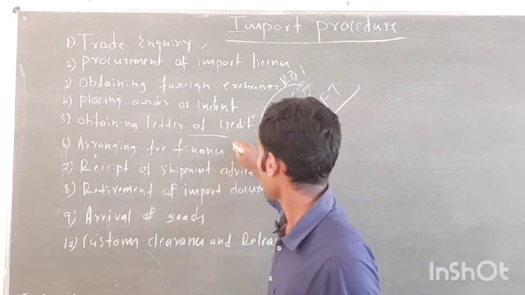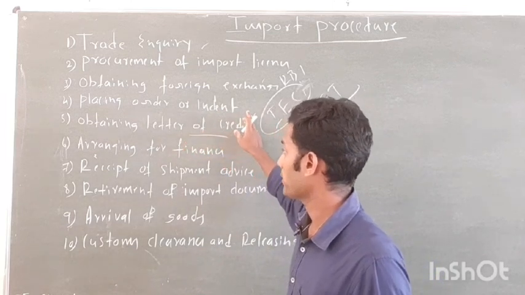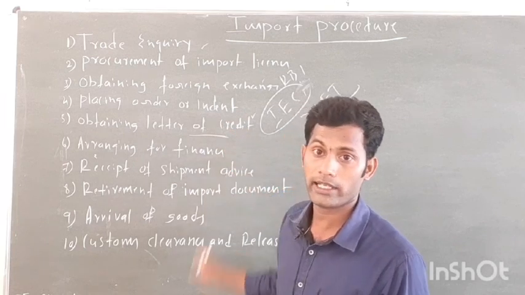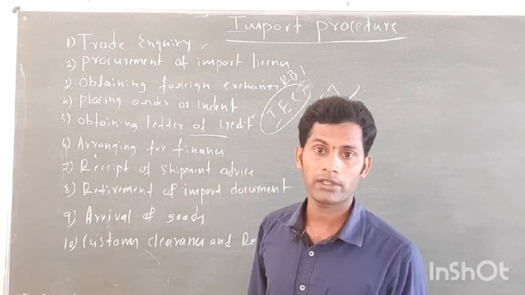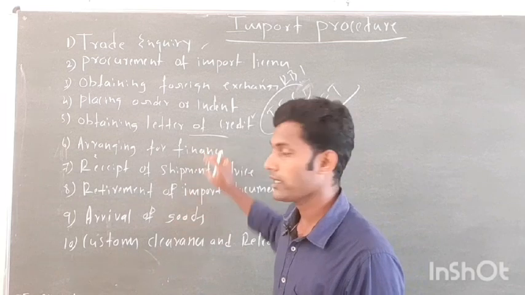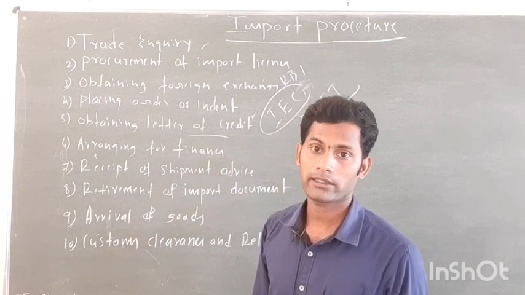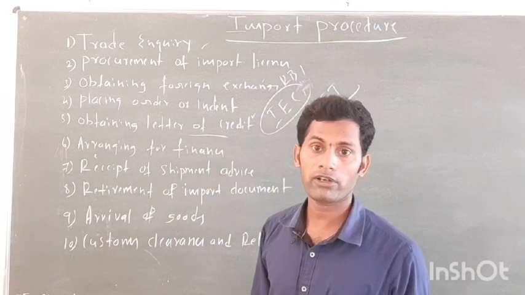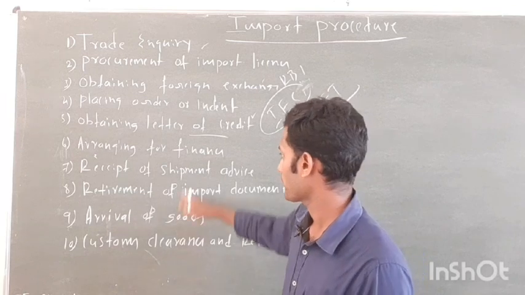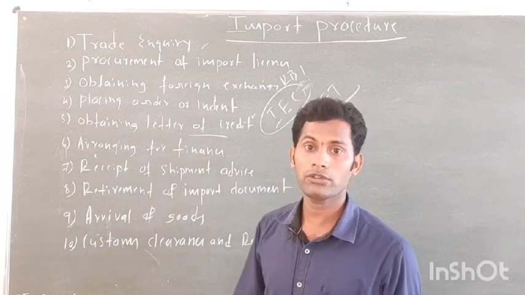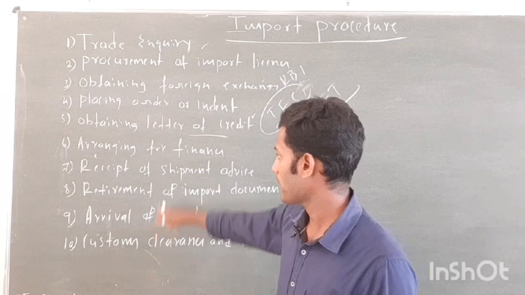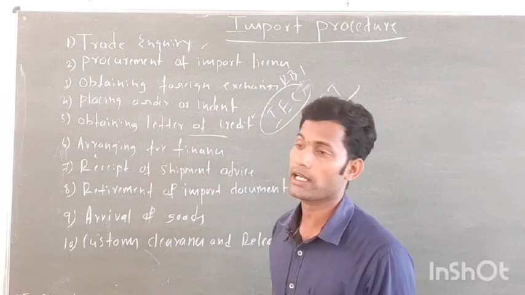Now, after getting letter of credit, he has to go for earning finance or cash or money, because if there is any delay in payment, they are subject to penalty or fine. There is a reason the importer has to make sure of finance. That is sixth one, arrangement for finance.